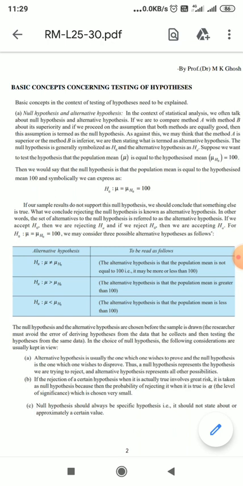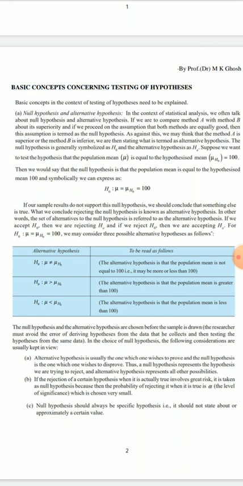For instance, if H0 is that a certain lot is good, there are very few defective items in it, against HA, that the lot is not good, so there are too many defective items in it.